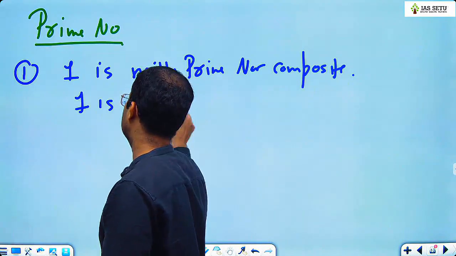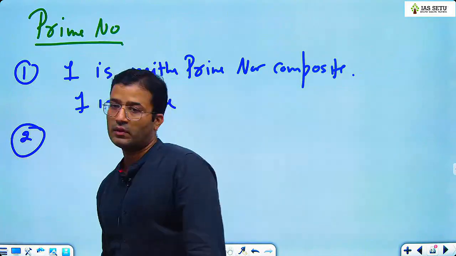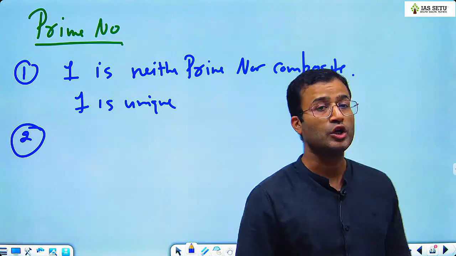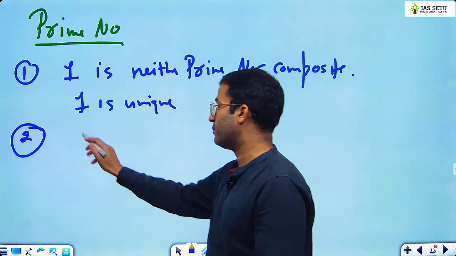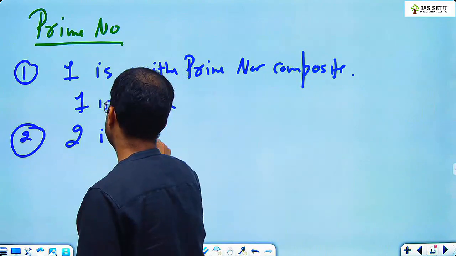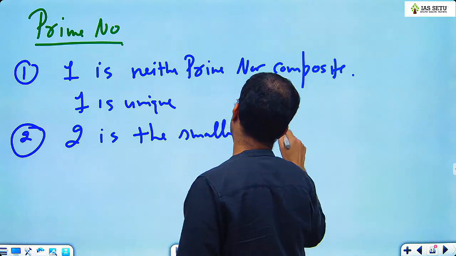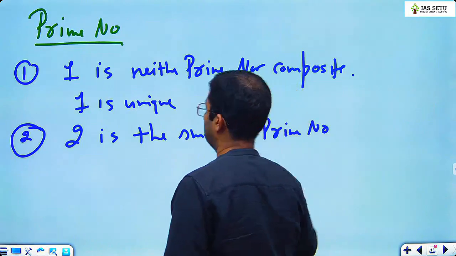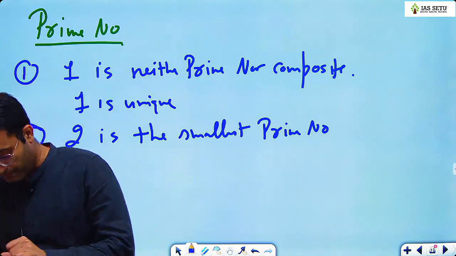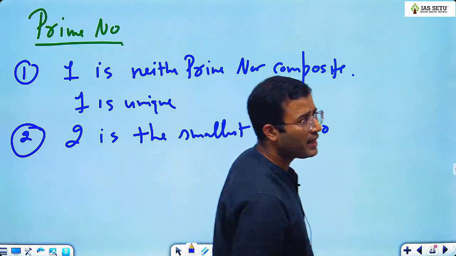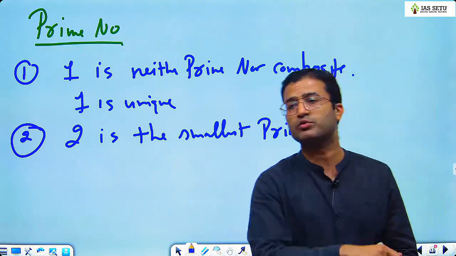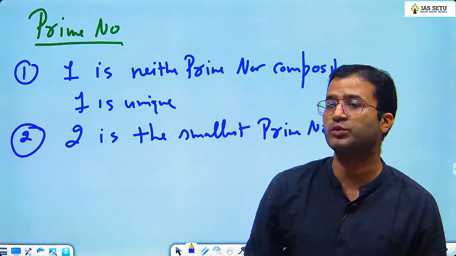Next, second point is: 2 is the smallest prime number. Some students ask, sir, can we consider -2 as a prime number? See your conceptual clarity.